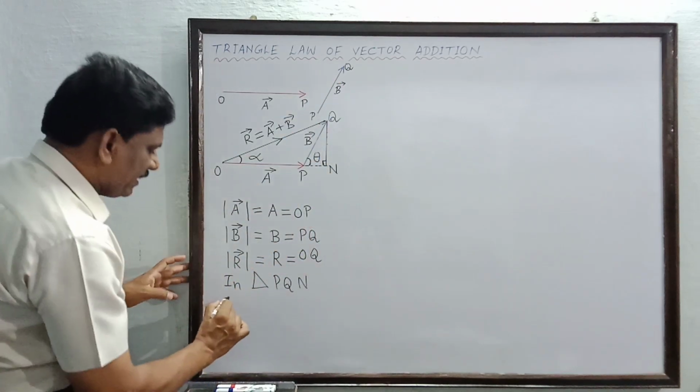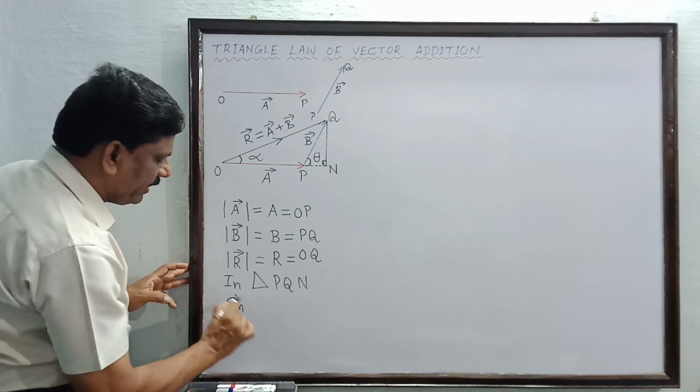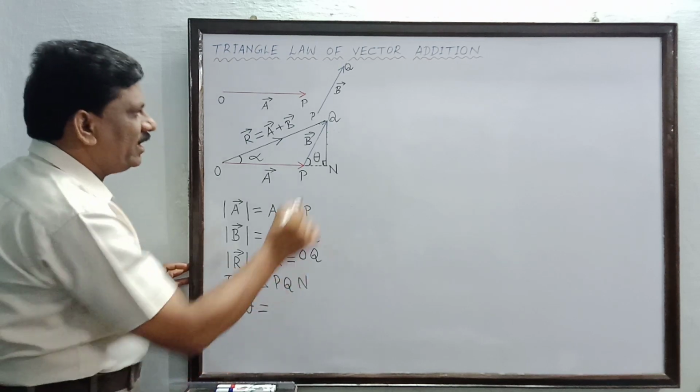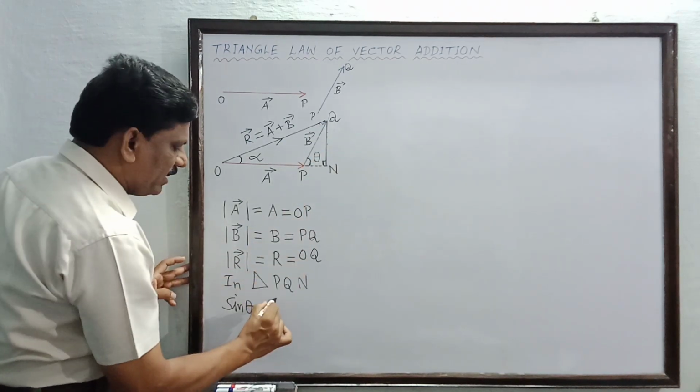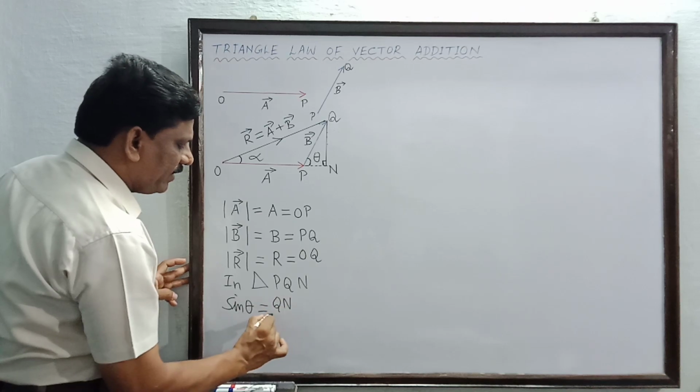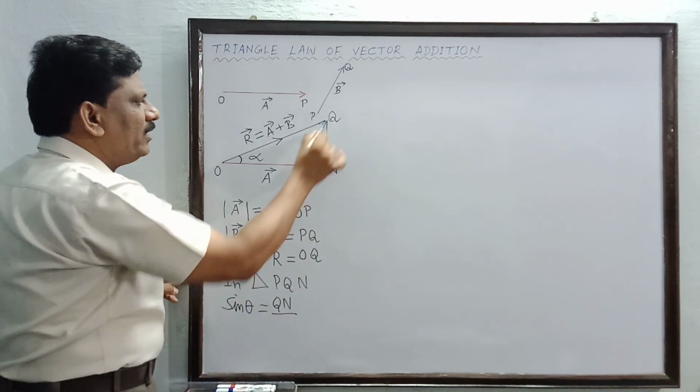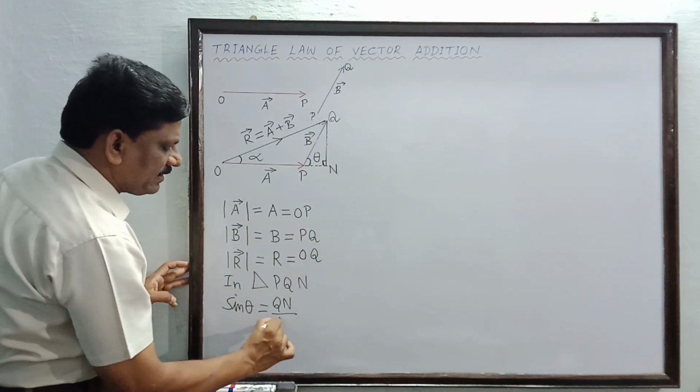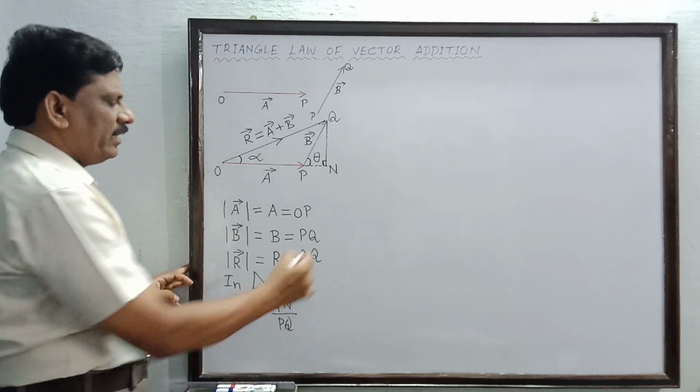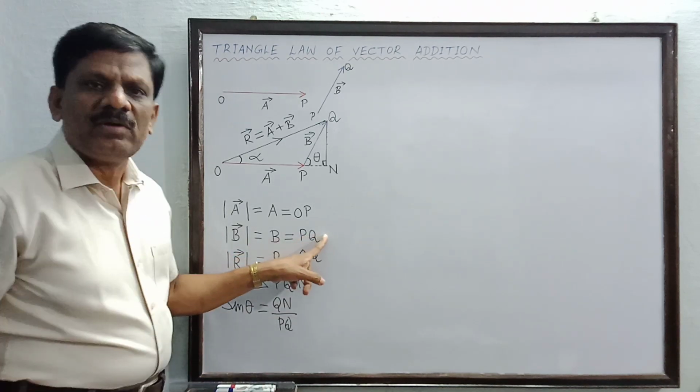So I will write here: sine theta is equal to the opposite side QN divided by the hypotenuse PQ. The length of the side PQ is already equal to what?